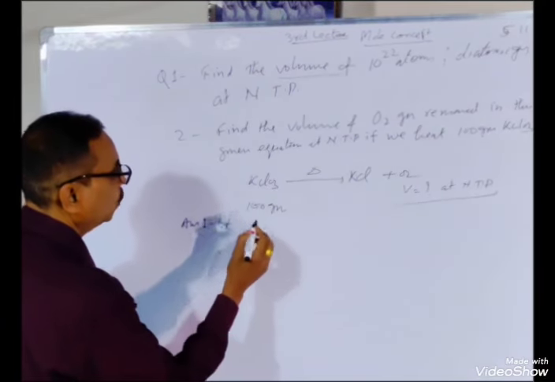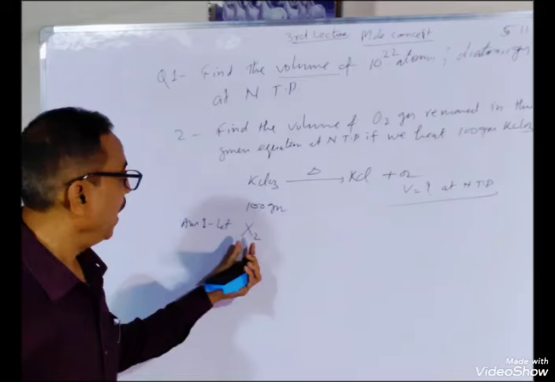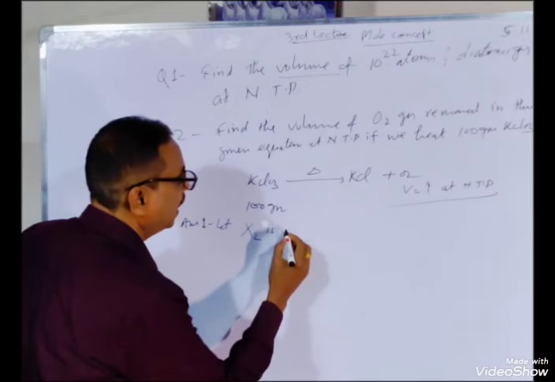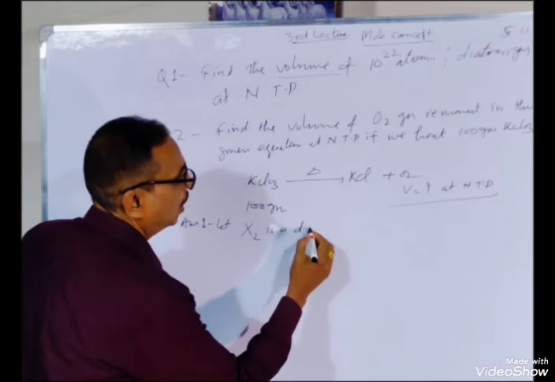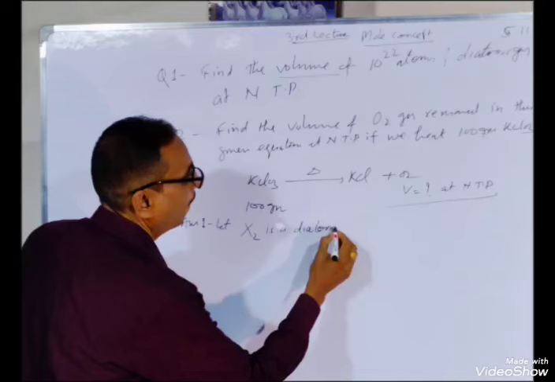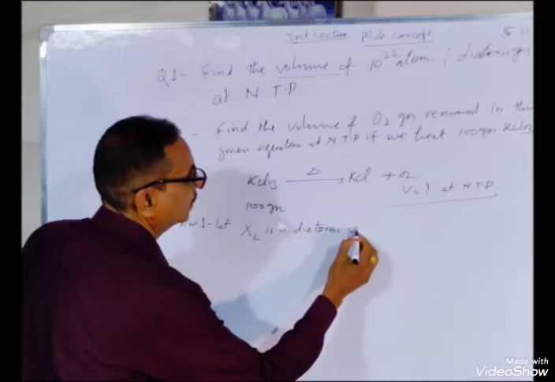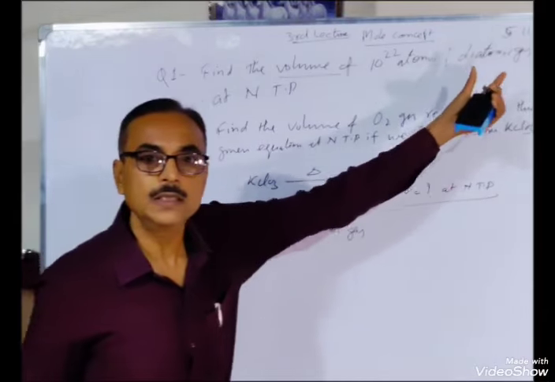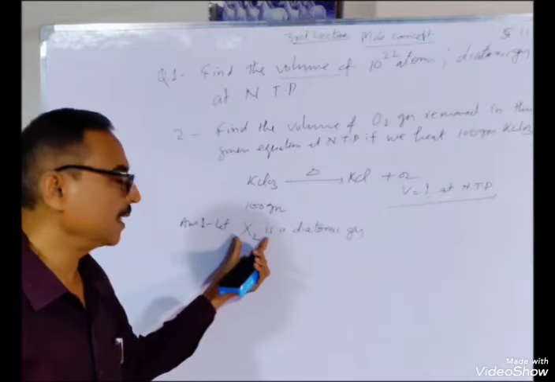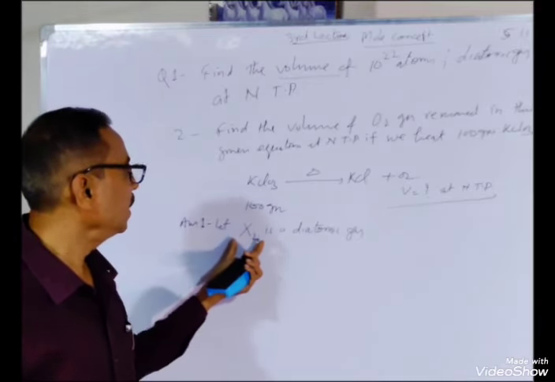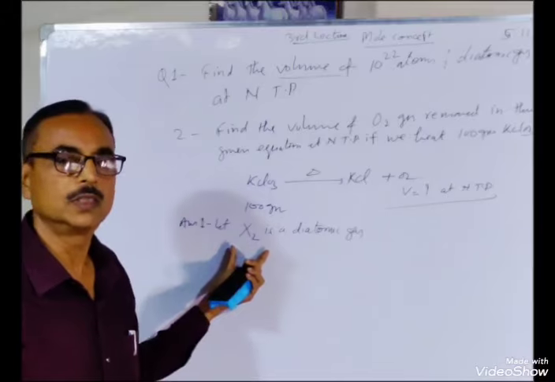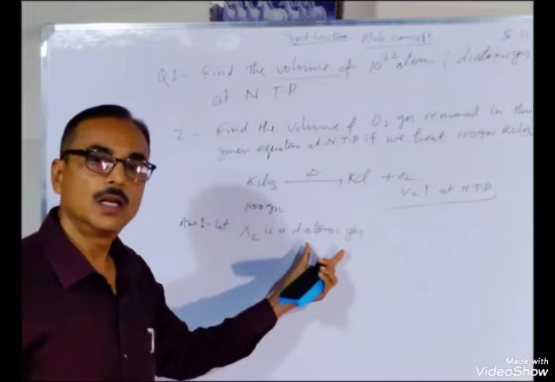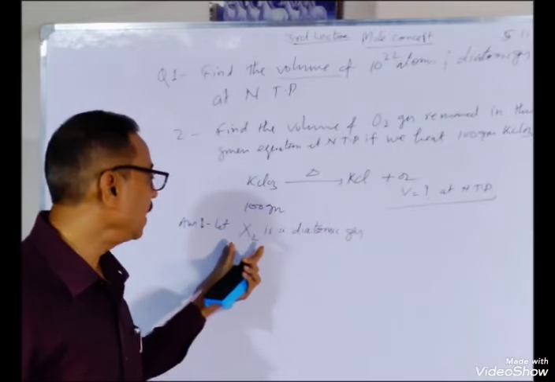Let X2 be a diatomic gas. Diatomic means having two atoms. So X is a gas, X2, that is diatomic. Since it is diatomic, we will write X2.